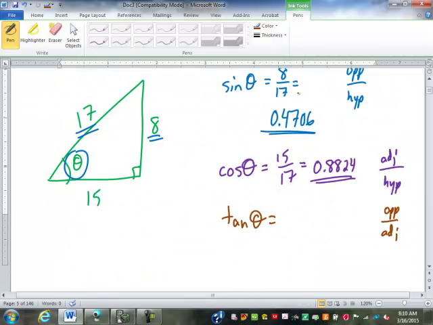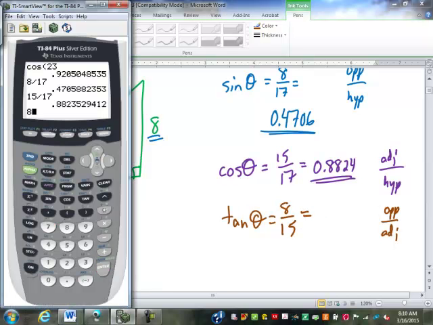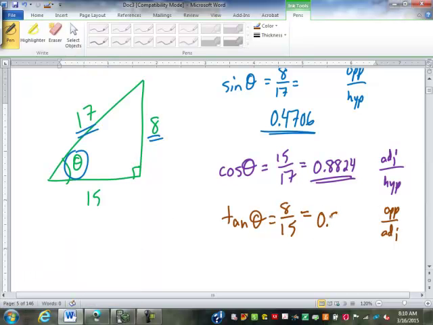So tangent is opposite over adjacent. The opposite side is 8. The adjacent side is 15. So again, you could leave it as 8 over 15, or you could divide it out to get 0.5333.